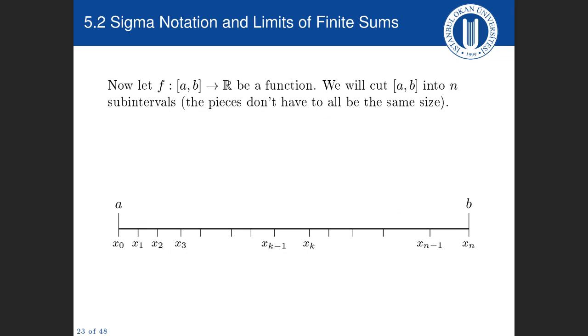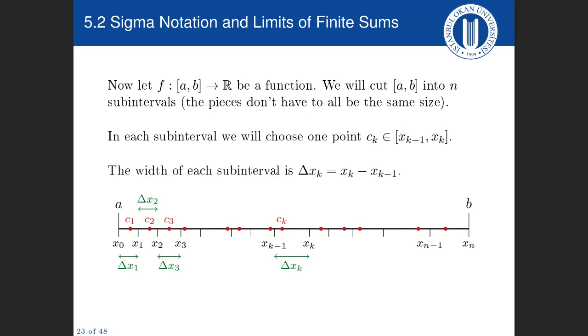Inside each one of these little subintervals, we're going to pick a point and call it ck. And this will be where we decide on the height of each rectangle. And for the width of each one of these little subintervals, we're going to call that capital delta xk. So for example, delta x1, the width for the first interval, well, the first interval goes between x0 and x1.